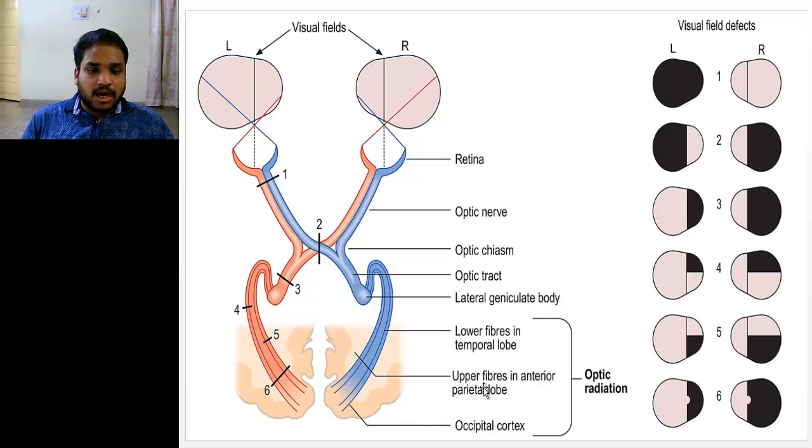And if the upper fibers in the anterior parietal lobe are affected, then you would get a lower right quadrant anopia. Fine. And finally, if there is a lesion of the left occipital cortex, then you would get a right homonymous hemianopia with macular sparing, right? You can see this area of the macula is spared, right?